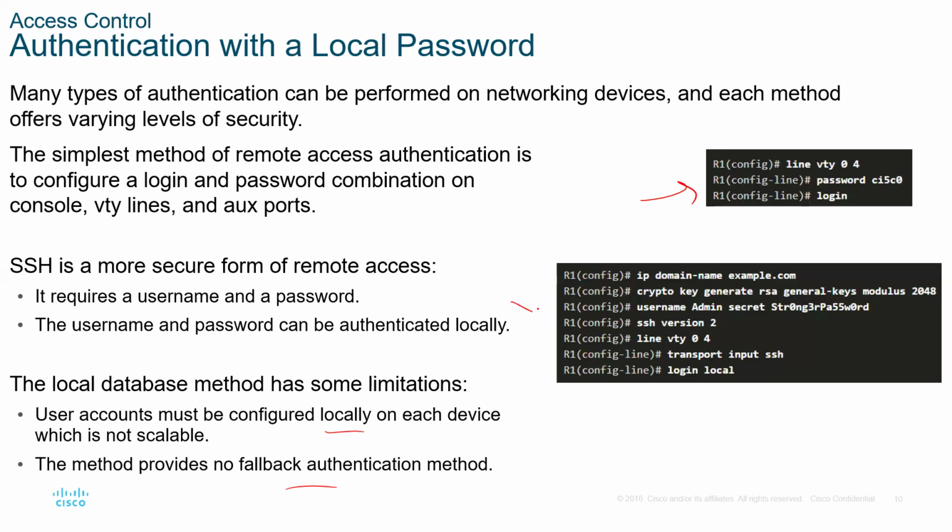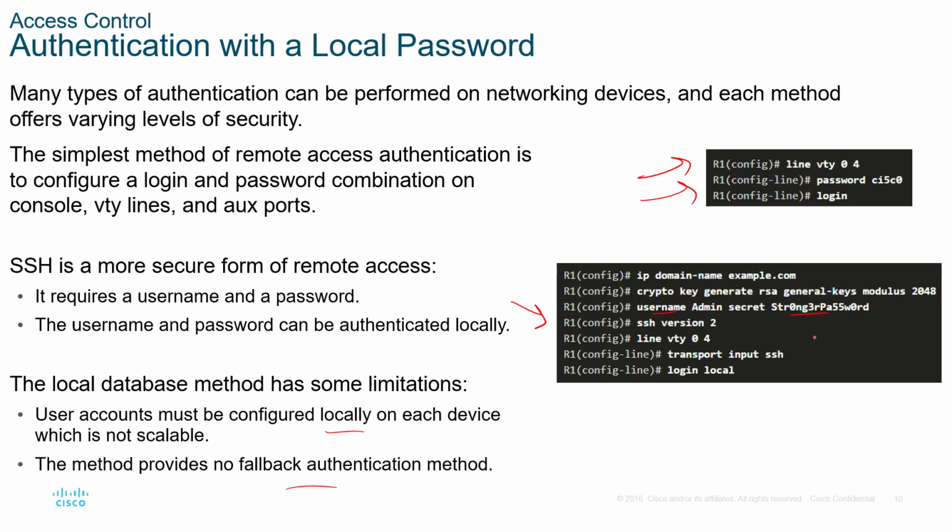On the other hand, SSH is another way of getting access to a networking device remotely. It can be a switch, router, a firewall, a LAN controller, whatever that device is. SSH allows us to get remote access. The difference with this one, you can see with SSH, there is a username and a password.